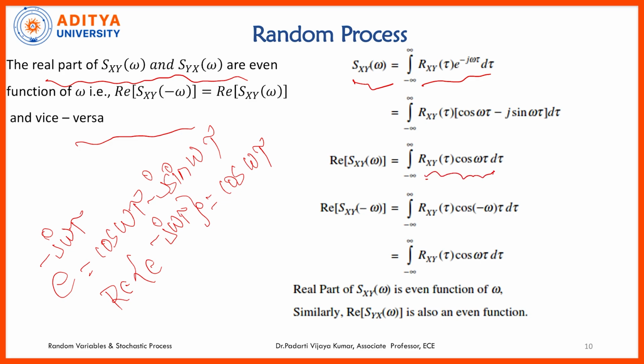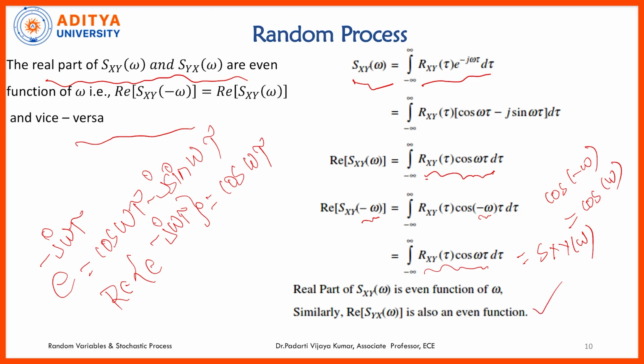Now we verify whether it is an even function or not. Sxy of minus omega means in place of omega I am placing minus omega. We know that cos is an even function, so cos of minus omega is equal to cos omega. So, Rxy of tau cos omega tau is mathematically equal to Sxy of omega. So, the real parts of Sxy of omega and Syx of omega are even functions.